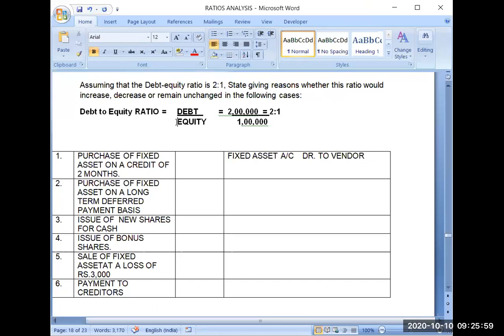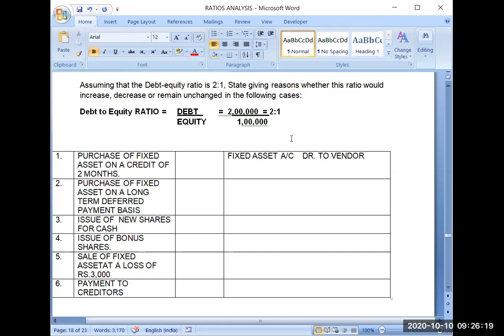Then second thing is vendor. Now vendor is your creditor, but the term is given 2 months. The term of credit is only 2 months. So that will be a short-term liability. It will not be a long-term liability. It will not be a non-current liability. So it will not be a part of debt also.